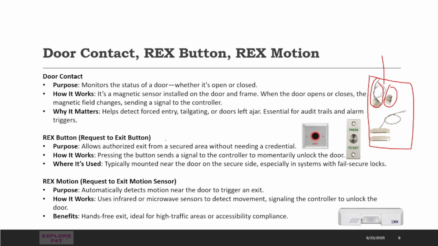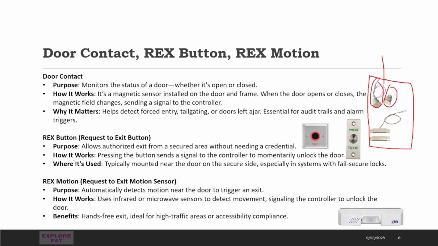Now this REX button is going to be installed inside the secured area, and if an authorized person is within the secured area, they can just press the button and move out from the secured area without any credential.